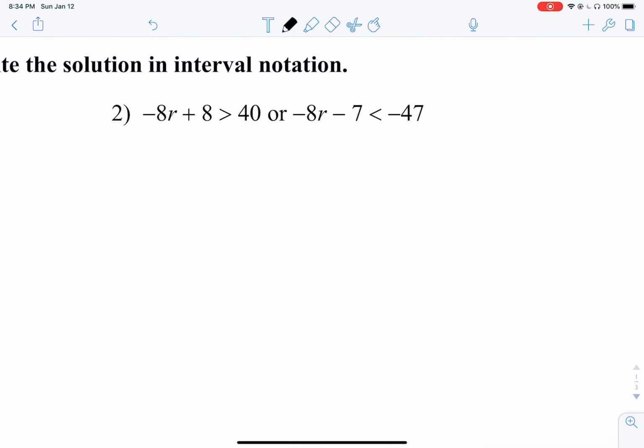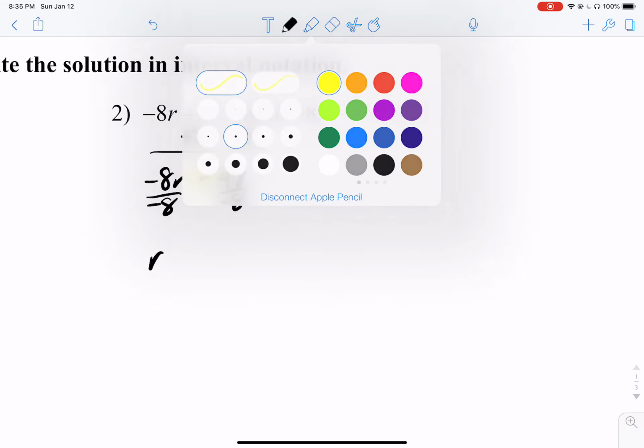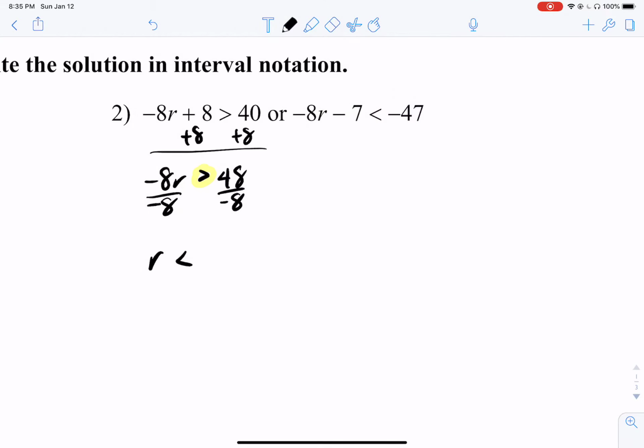Now for number 2, we'll add 8 to both sides, and negative 8r will be greater than 48. We divide by negative 8, and r switches this inequality symbol, because we're dividing by negative 8, to less than negative 6.